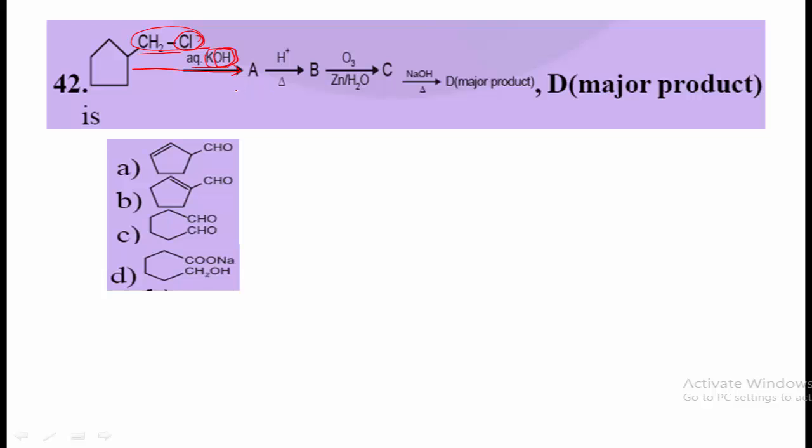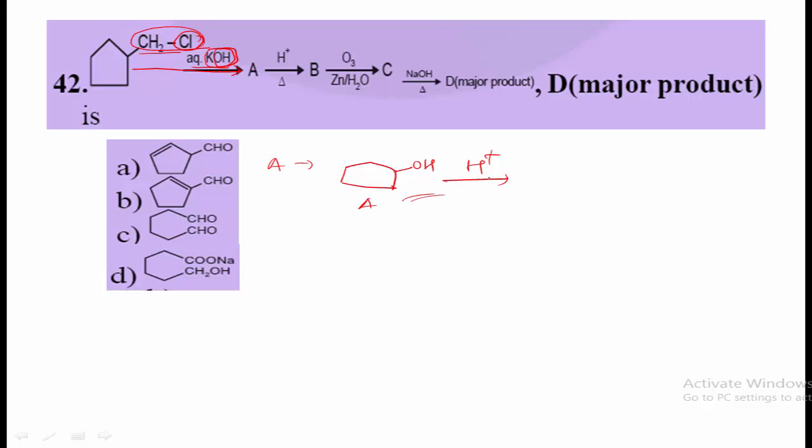It proceeds through either SN1 or SN2 reaction and forms the product given like this, which is A. Now, it is an alcohol.